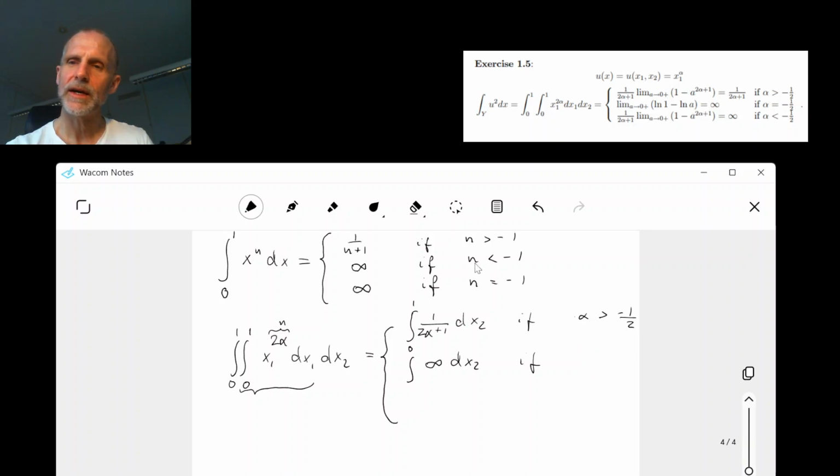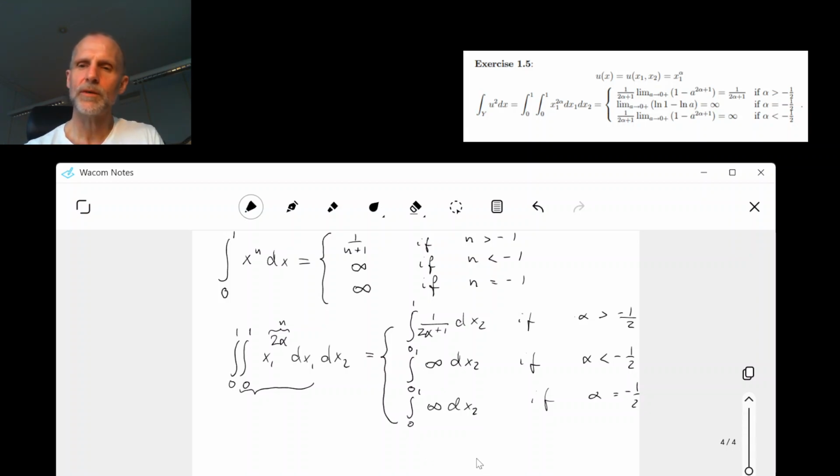So instead of writing n, I also here write alpha less than -1/2. And we have these limits 0 and 1. And the last case is also if alpha is equal to -1/2, we obtain this integral from 0 to 1 of infinity dx2.